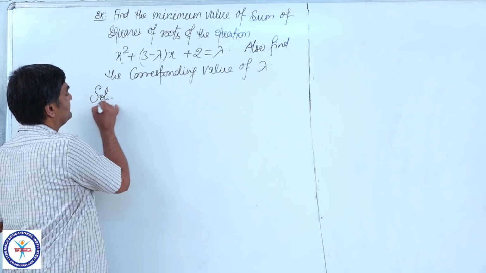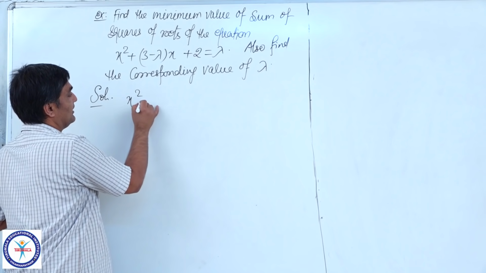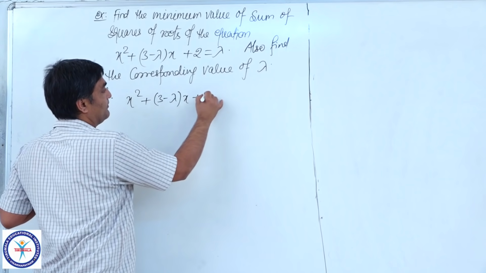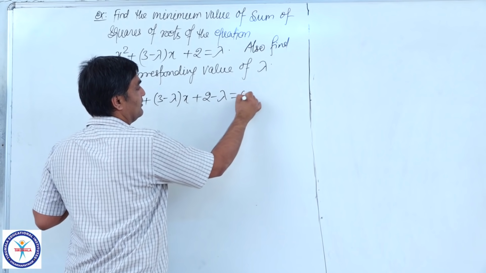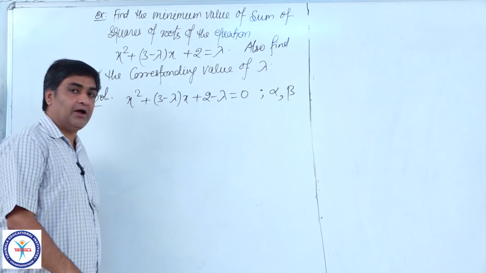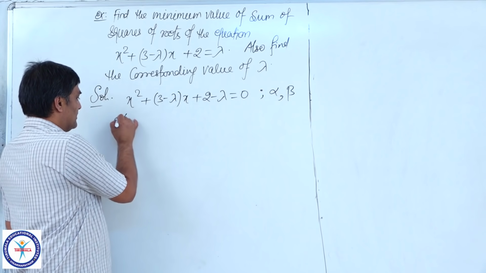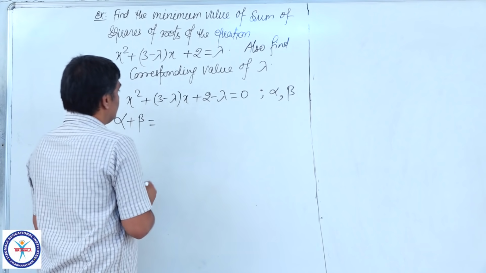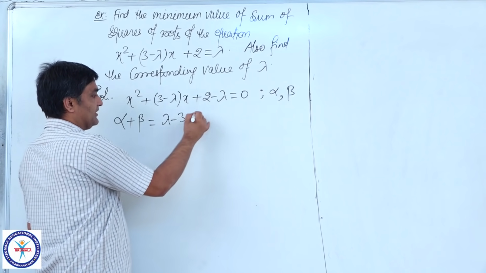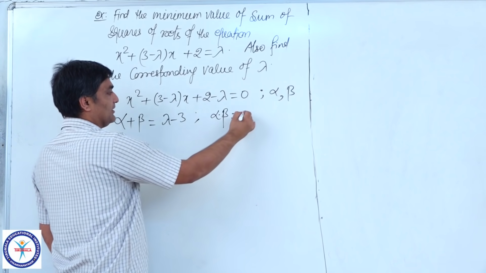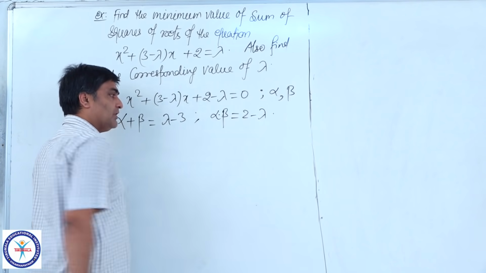Let's see, x square plus 3 minus lambda x plus 2 minus lambda equal to 0. Let its roots be alpha and beta. So, the sum of roots will be minus b by a, that is lambda minus 3, and the product of roots c by a, which is 2 minus lambda.